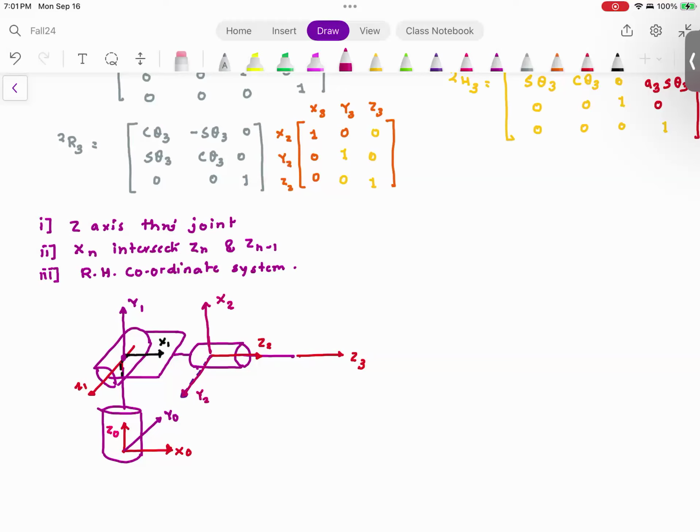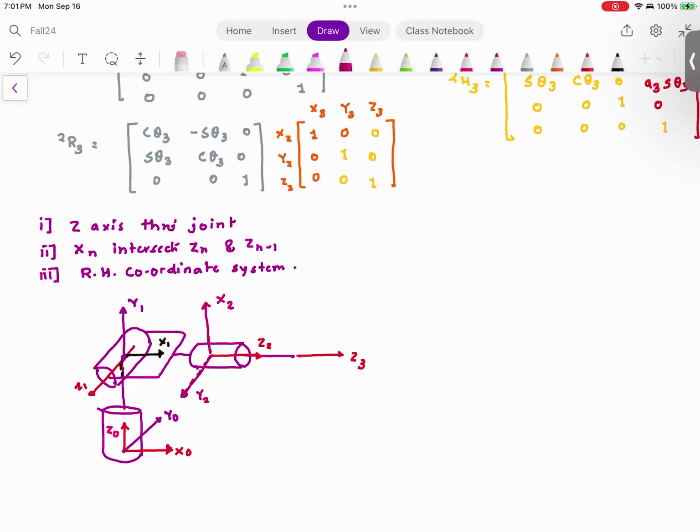Are you with me so far? Once again, the rule is not satisfied. Rule number 2 is not satisfied. Rule number 1 is satisfied. Rule number 3 is satisfied. Rule number 2 is not satisfied. Everyone understood this? It's really important.